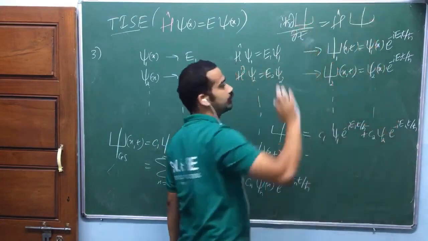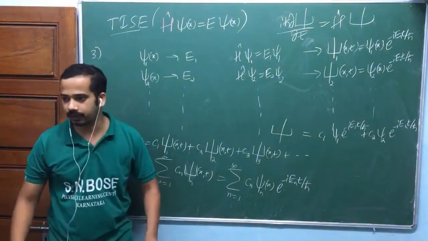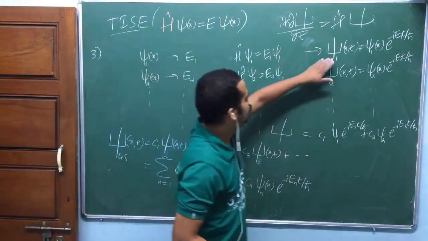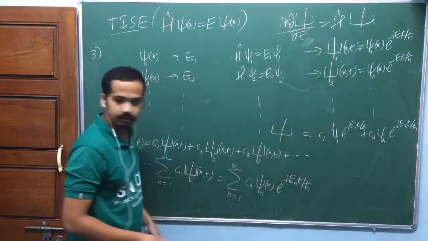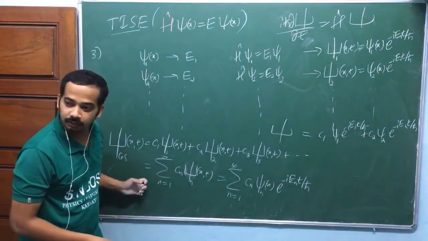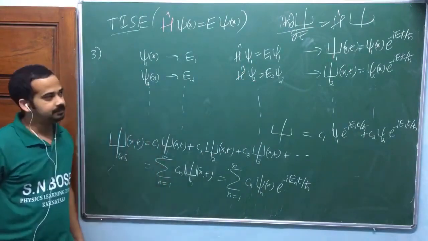Am I right? Whatever solution you take, that is a possible state of the particle. This is also a solution. This is also a solution. Linear combination is also a solution. That's why linear combination is also a possible state of a particle. That's what I'm trying to show.